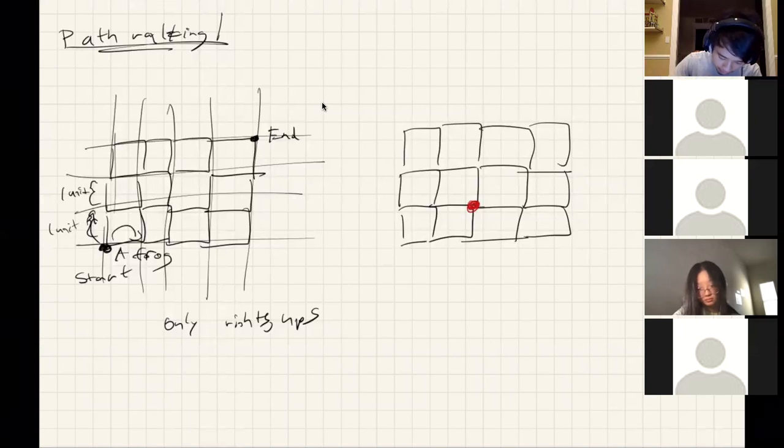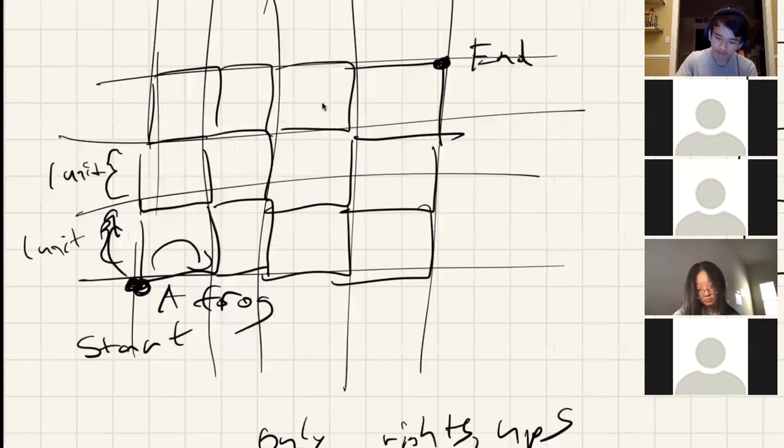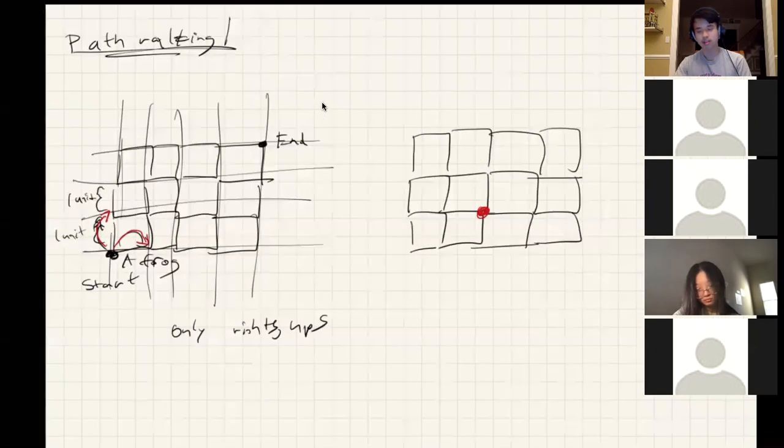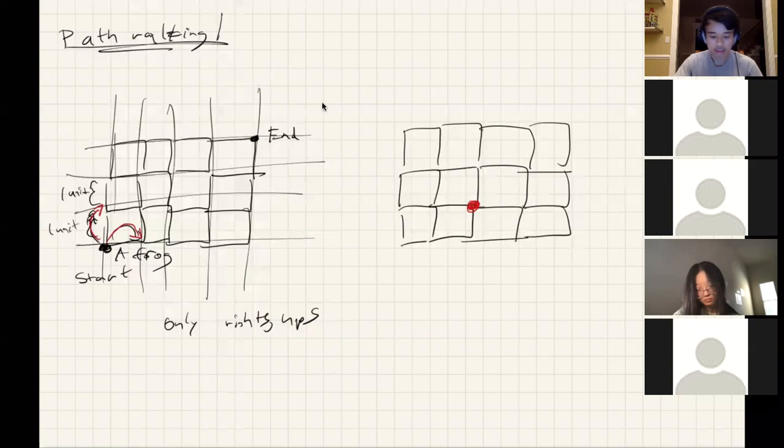So the frog can hop 1 square up to here, or 1 square right to here. Each turn, it either goes up 1 or right 1.